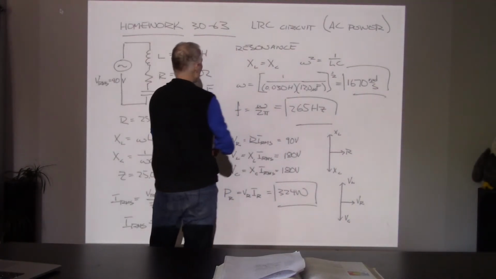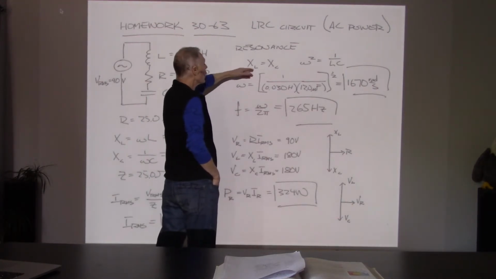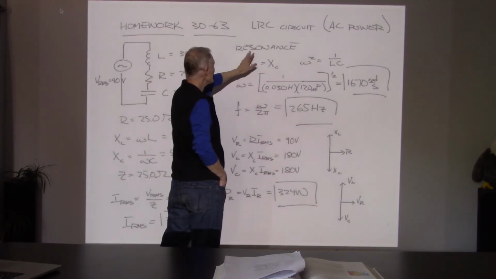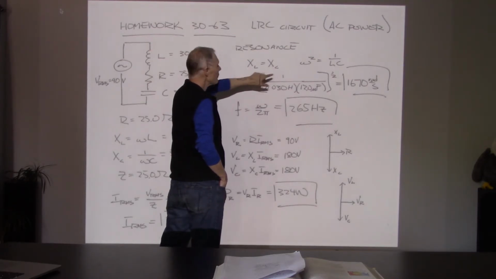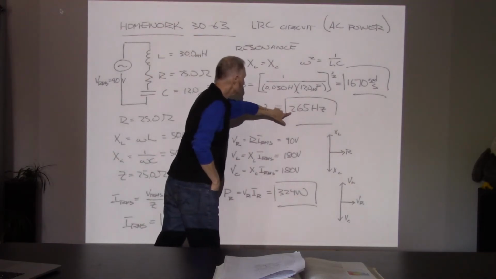And so see what we have here. We found the frequency. We use this condition to eliminate all of the reactances. And we found the frequency, 1670 radians per second, 265 hertz.